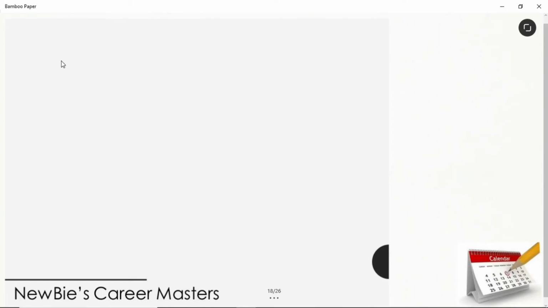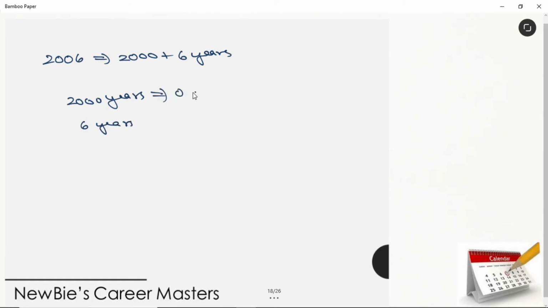Okay, example: 2006. First step is similar, split it: 2000 plus 6 years. 2000 years, we know 0 odd days because it's a multiple of 400.